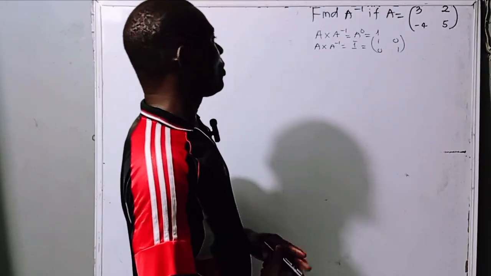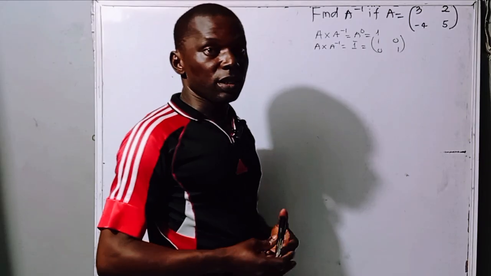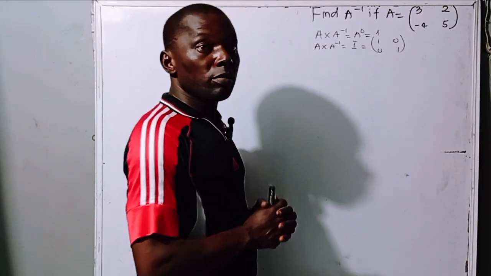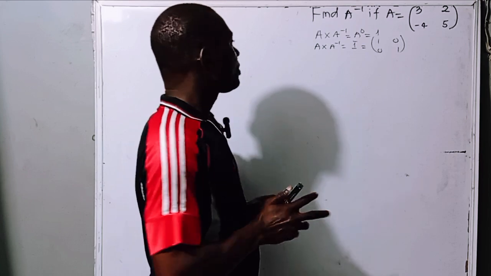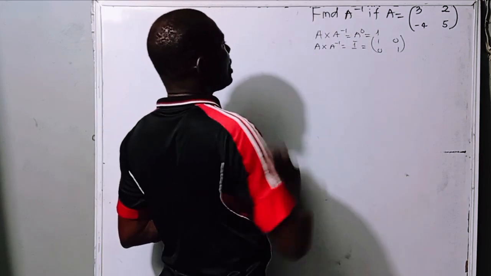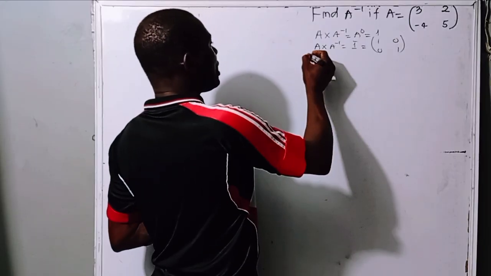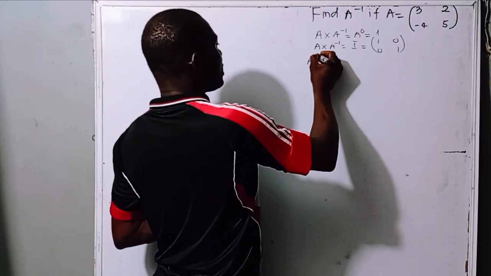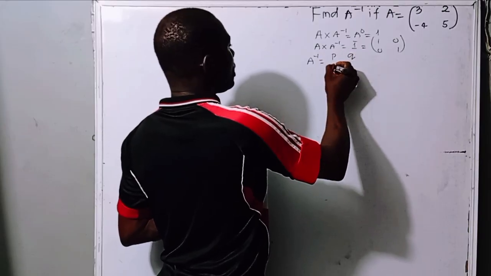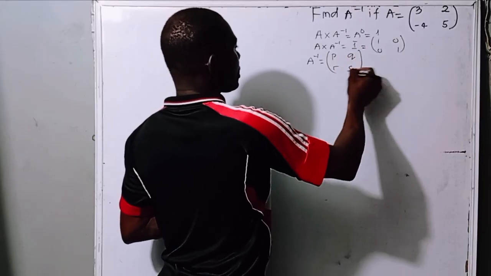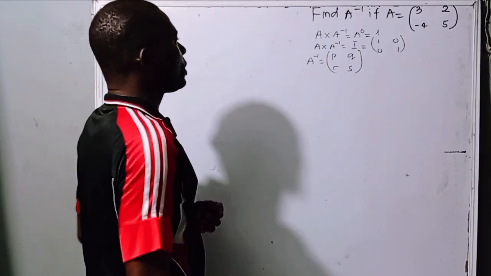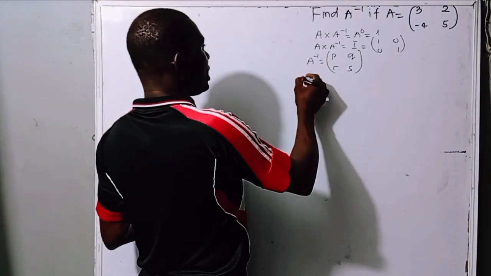This is what we're going to use to resolve these questions by transforming this into a pair of simultaneous equations. But in fact, we don't know this inverse. We could say, let the inverse matrix be the matrix P, Q, R, X. So what we see here is that we are looking for the product.